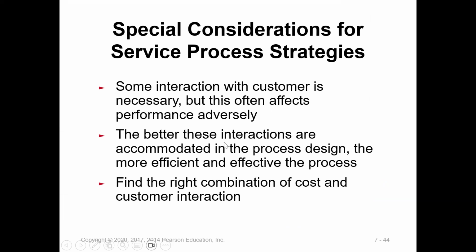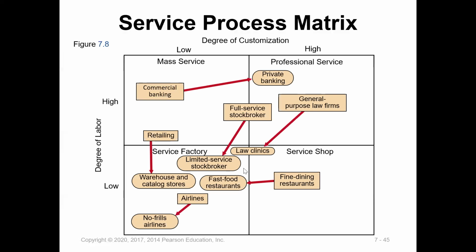The better these interactions are accommodated in the process design, the more efficient and effective the process. They call it the service process matrix: degree of customization, low and high, degree of labor, low and high. This is for commercial banking, private banking, more professional service. So the more you go up to the right, the higher it is. There are like 4 quadrants here.